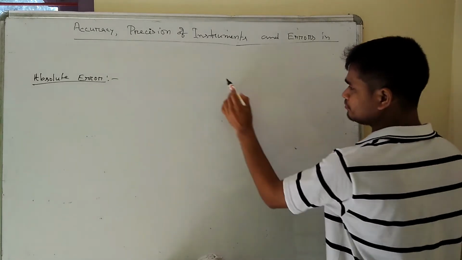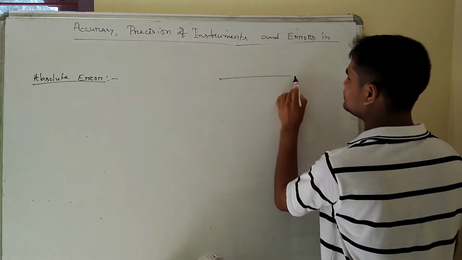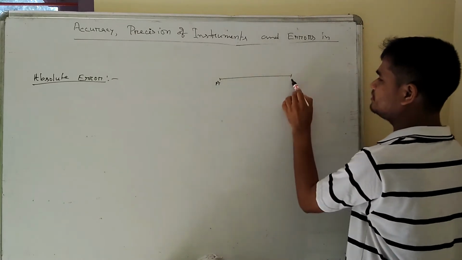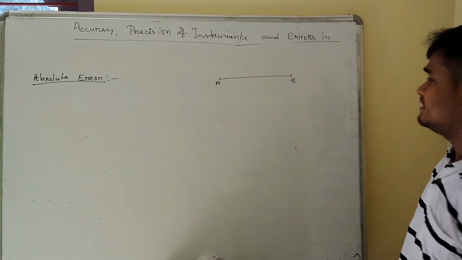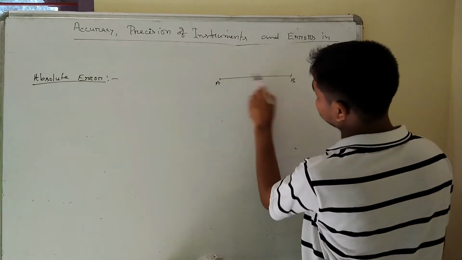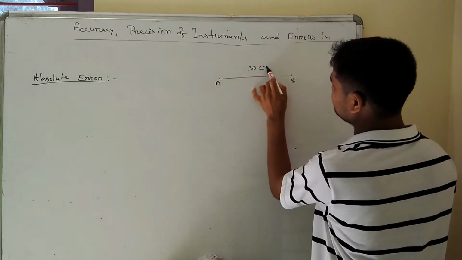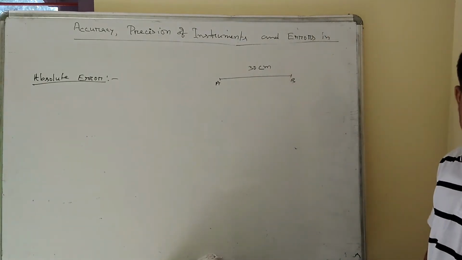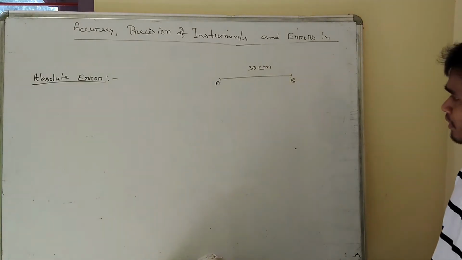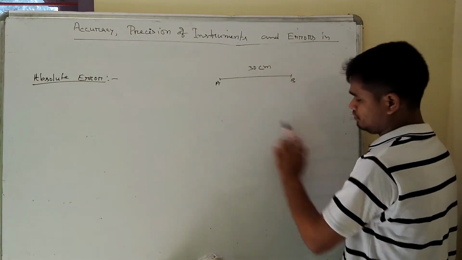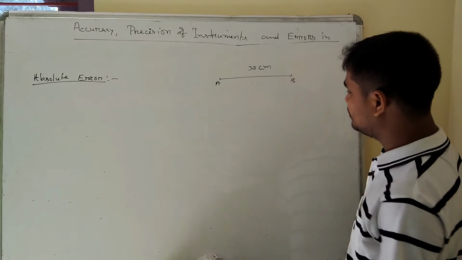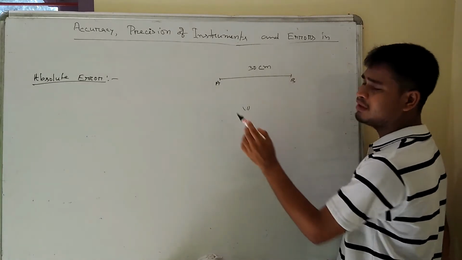Let's consider this is an object. AB is an object. Let us consider its length is 30 centimeter. From your class, let us consider from roll number 1.